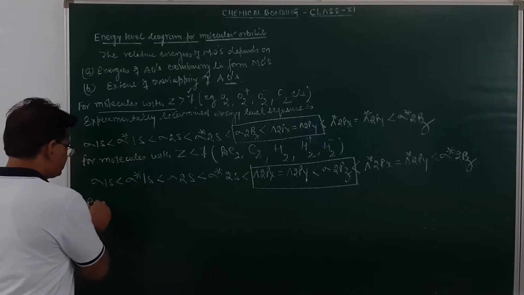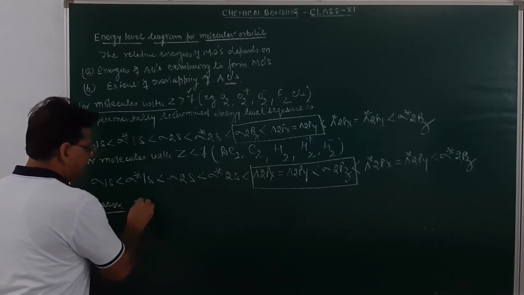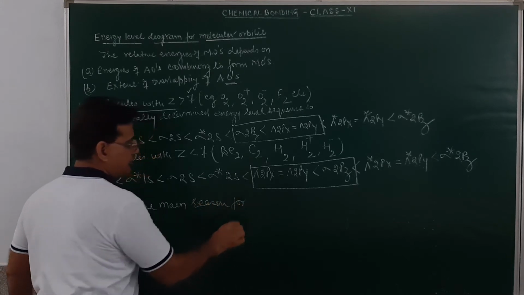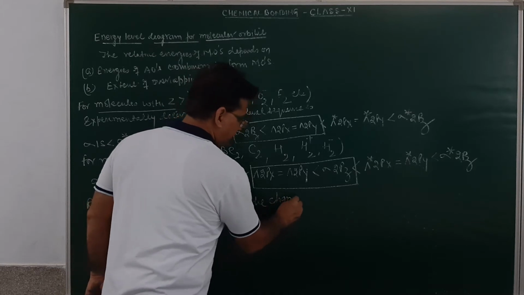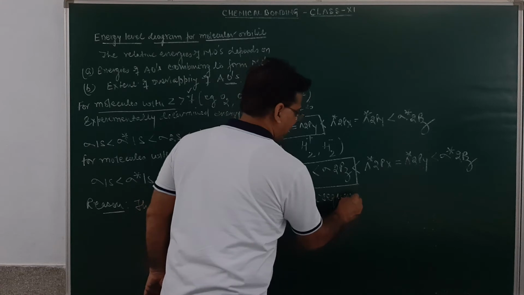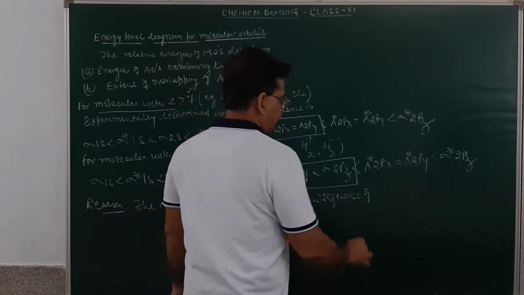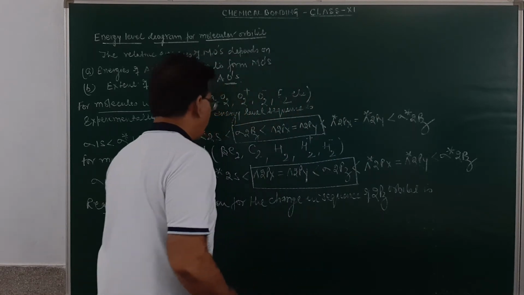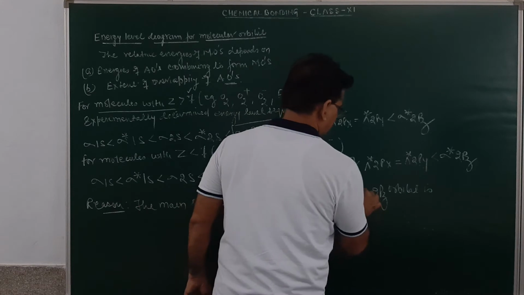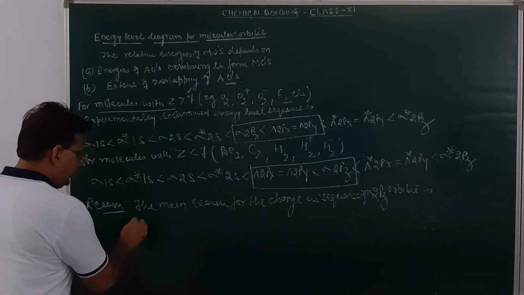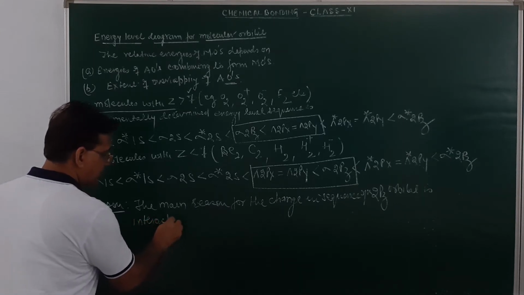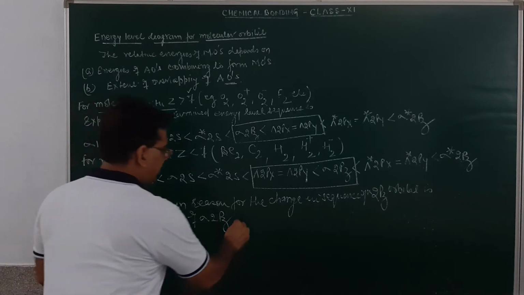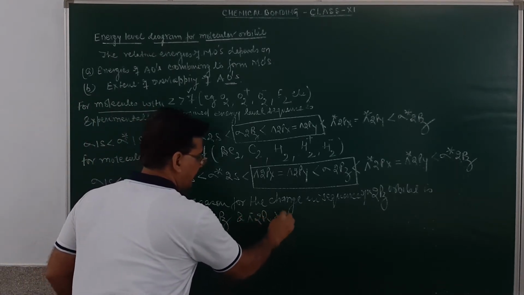So the main reason for the change in sequence of the 2pz orbital is the interaction of the sigma 2pz orbital and the pi 2px and pi 2py orbitals.